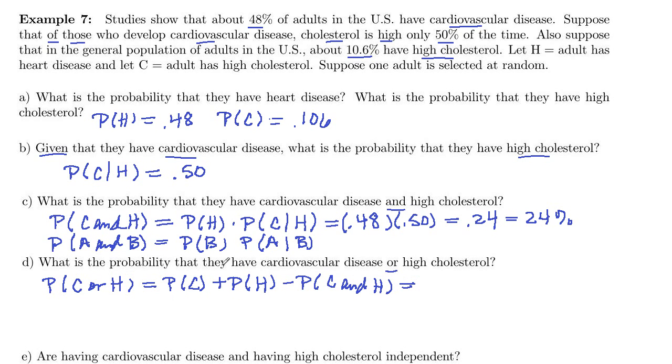So probability of C, that's our 0.106, plus probability of H, 0.48, and subtract out the overlap, C and H, which is right here, 0.24. And the calculator work there will give us 0.346.